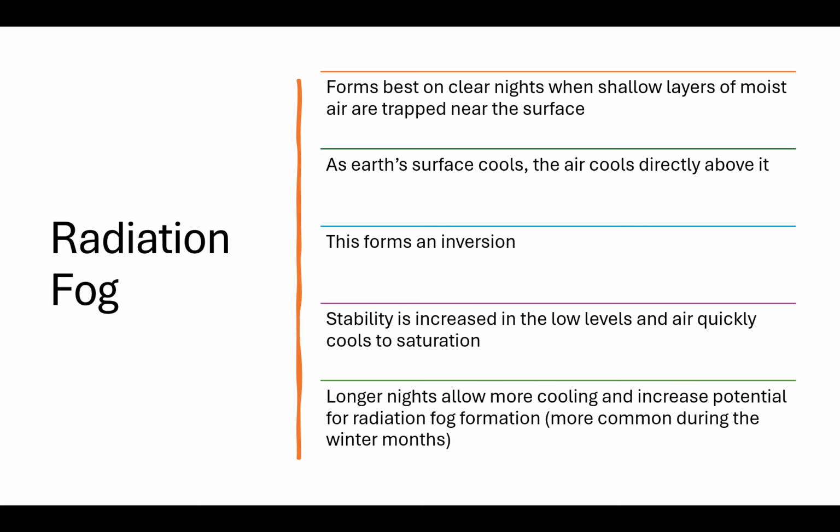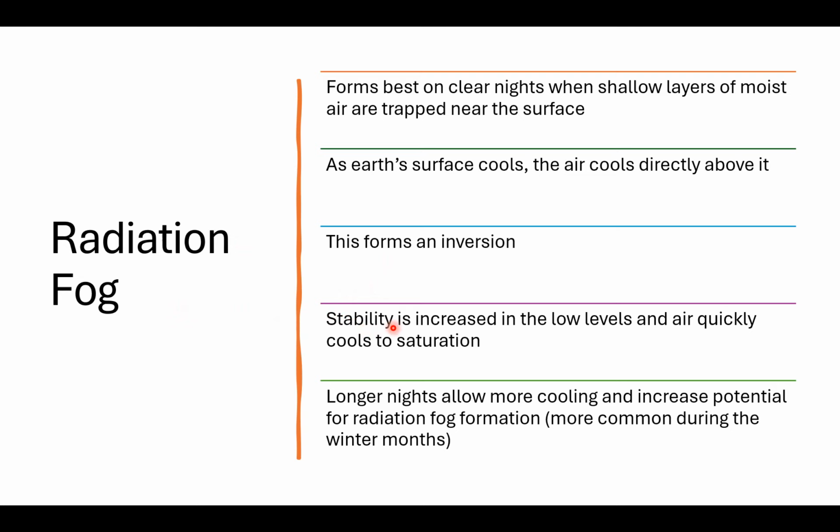So radiation fog forms under these conditions when you have an inversion, being temperatures warming with height. So you have a warmer air layer above a cooler layer at the surface, and that's when we talk about an inversion. And it is conducive to produce this radiation fog.